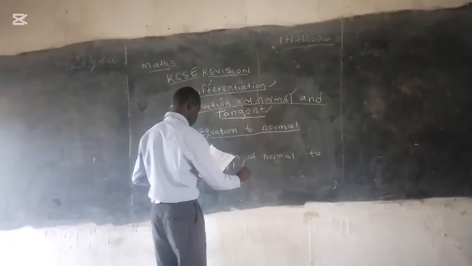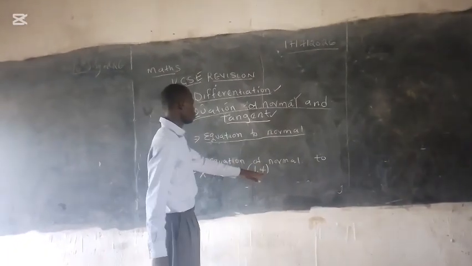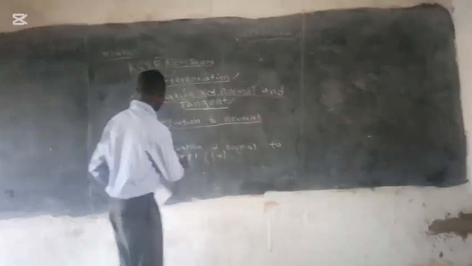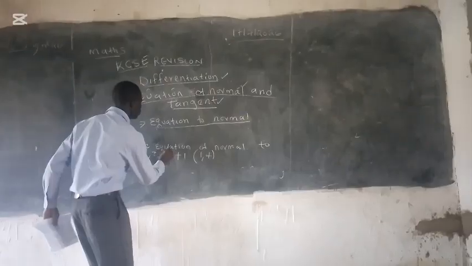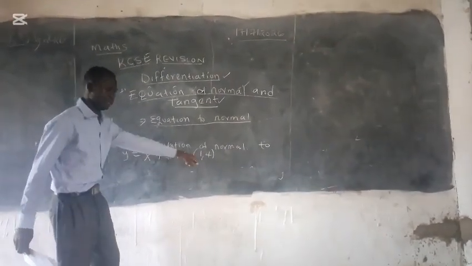In the bracket you have 1, 4. So this curve passes through the point 1, 4. The question says find the equation of the normal to this curve at this point.